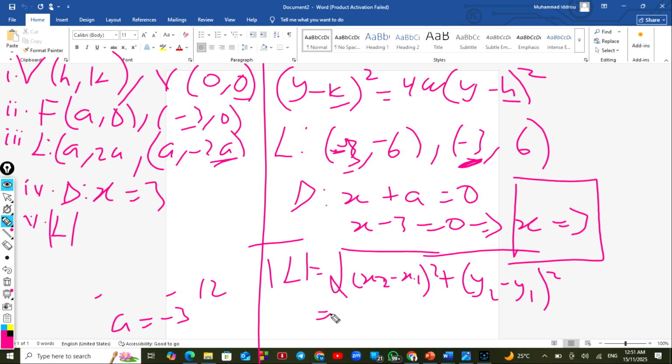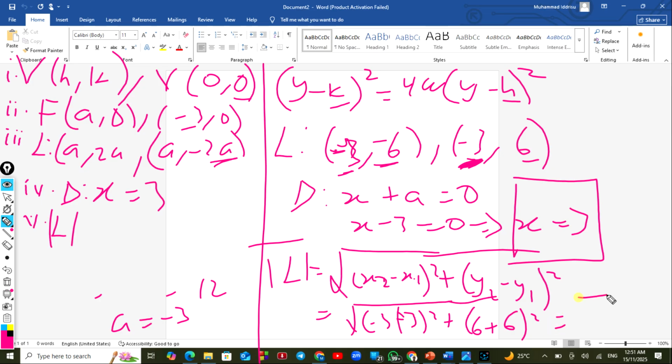Here, in our case, our x2 is -3, x1 is also -3, so we have the root of (-3 minus -3), which is now 0, squared, plus y, which is +6, minus -6, which is +12, squared. This is the root of 0 squared plus 12 squared.